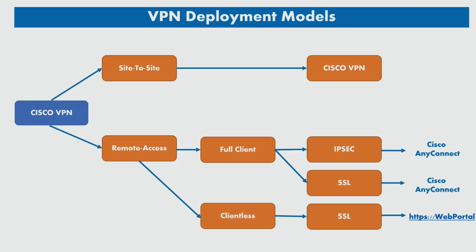So VPNs are classified according to criteria. First, based on the deployment mode, you're going to have a site-to-site VPN or a remote access VPN. It could also be based on the OSI layer.